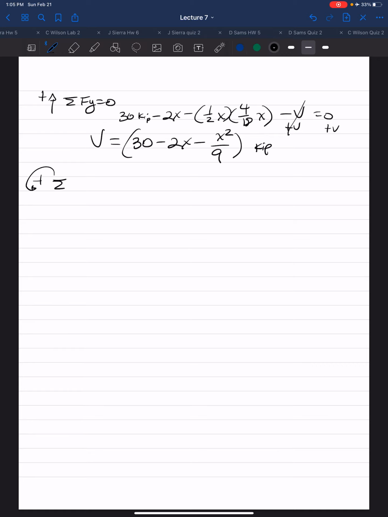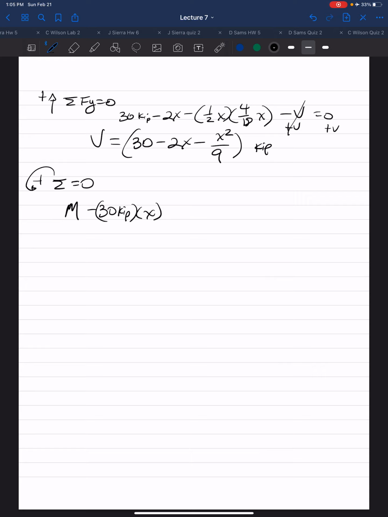So for our moments, we take into account our M, the bending moment, counterclockwise inducing rotation is positive, clockwise inducing rotation is negative. So it'll be M minus your 30 kip times your total length x.